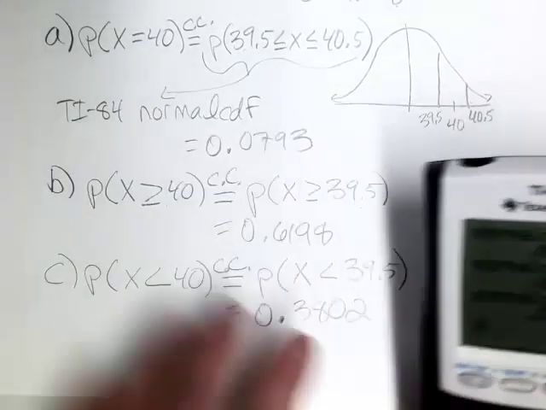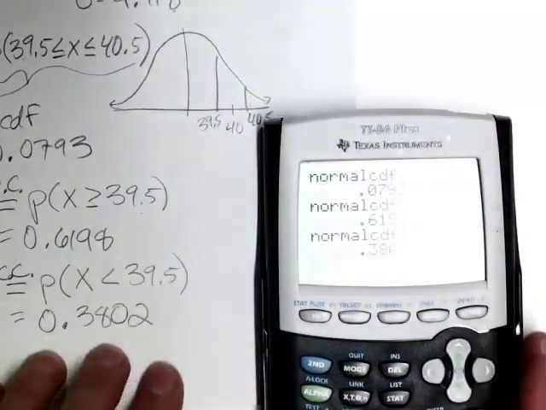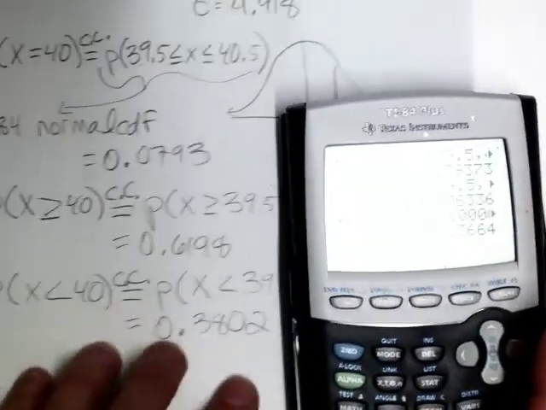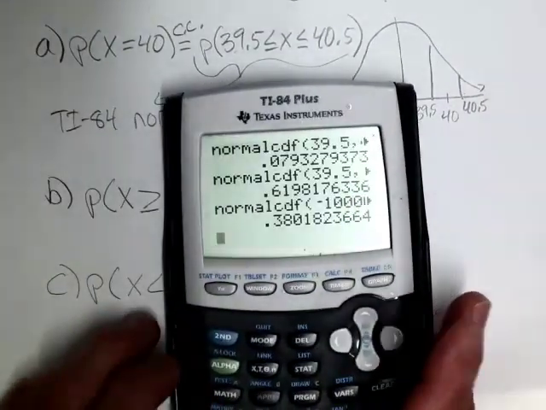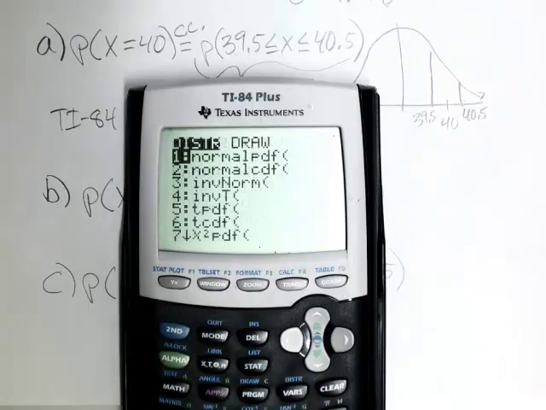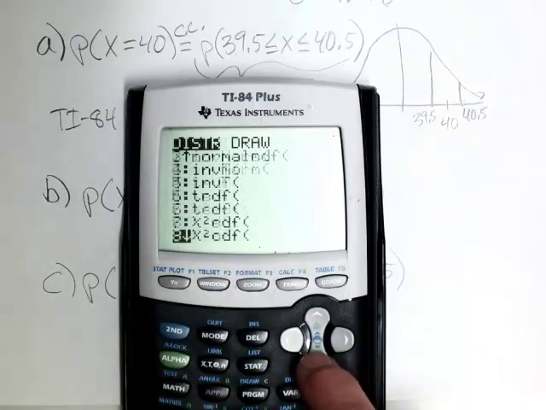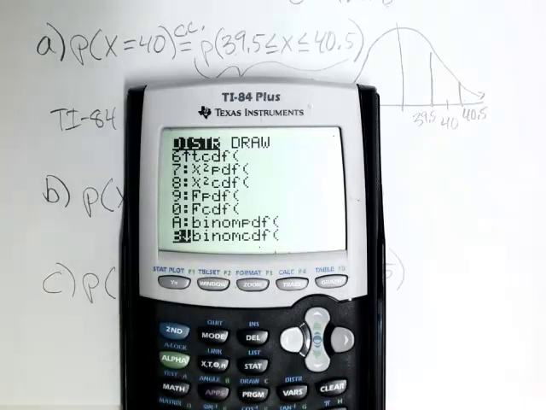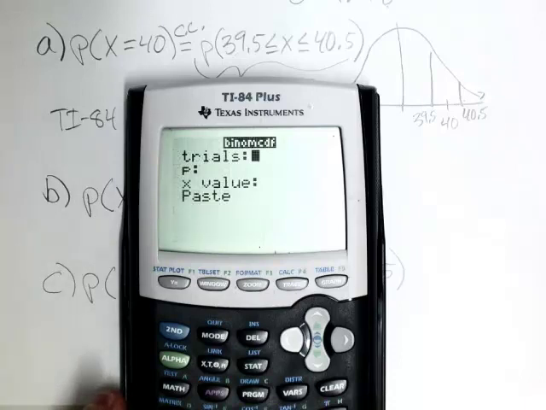Okay, just for comparison, let's look at part C, but this time we'll treat it as strictly binomial. Okay, under the binomial case, the probability X is less than 40 does not include the 40. So in the binomial distribution, we would be finding the probability X is less than or equal to 39. So going to my distribution menu and scrolling down to binomial CDF, because I'm finding a less than probability, I have 100 trials.